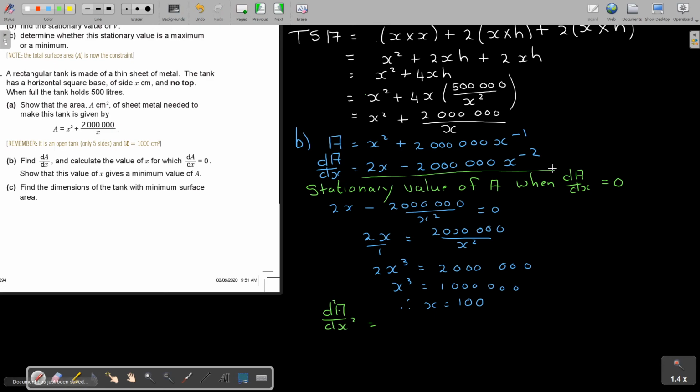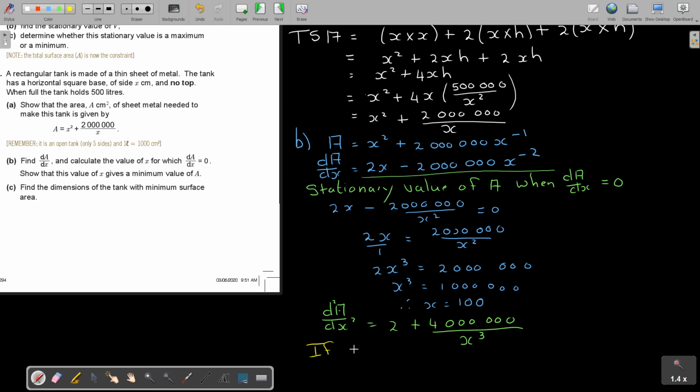It's this one that I'm going to differentiate again. So I get 2 because, and then I get, if I multiply, it's negative. No, a negative times a negative is positive 4 million. And if I subtract 1, it's x to the power of negative 3. So if I bring it down, positive 3. Okay.